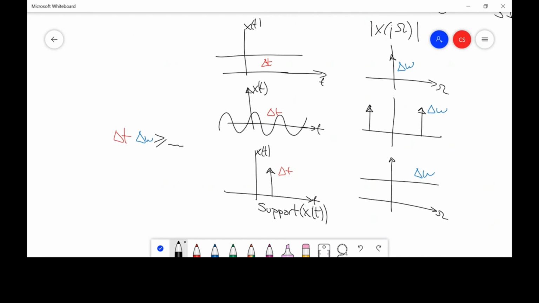So you cannot locate a particle in time and in frequency at the same time. Frequency and speed are very much related. And it is the same for signals. You cannot determine the location of a signal or an image in real space and in frequency space at the same time, infinitely precisely.